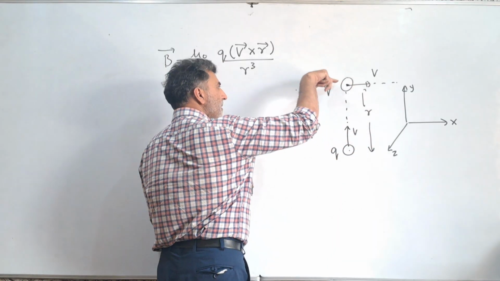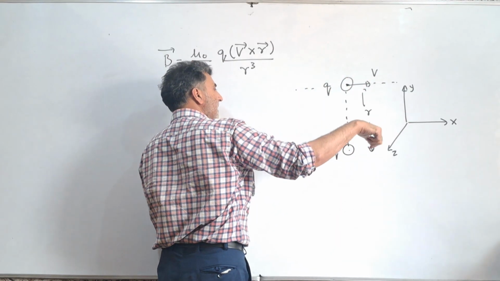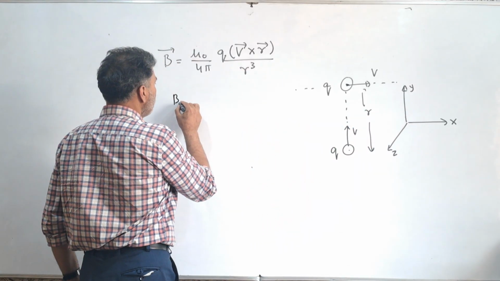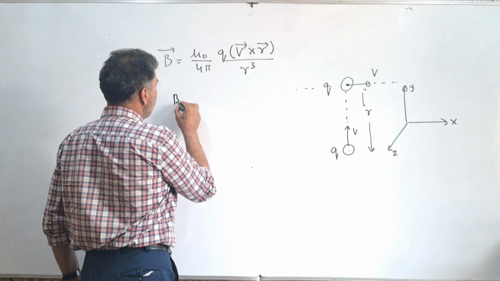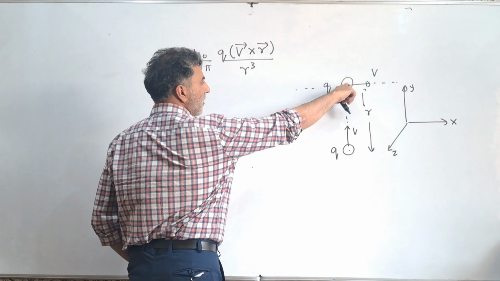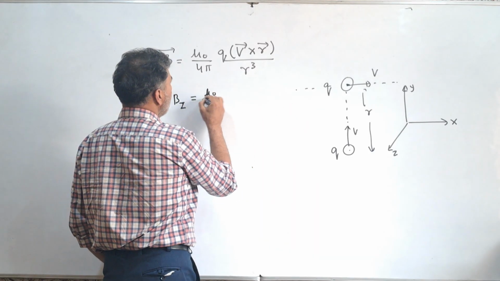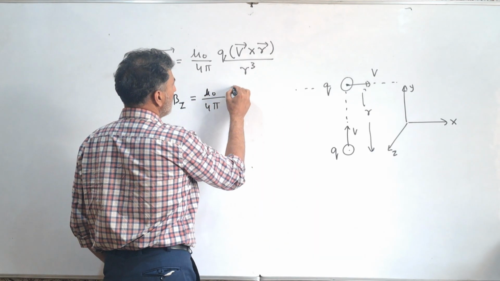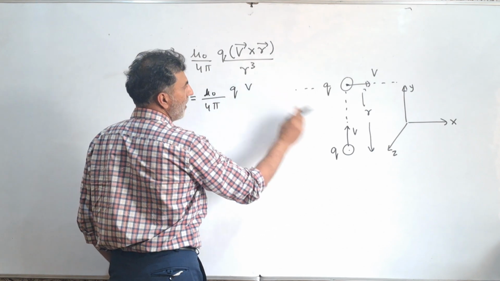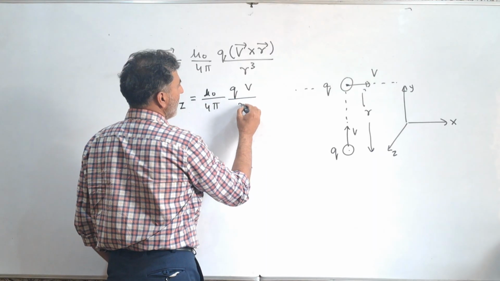So the magnetic field created by this moving charge, which is moving in the x direction, will be in the minus z direction, inwards into the board. That is, Bz will be equal to the magnetic field by this charge at the site of this charge. That is mu 0 by 4 pi q v r, because v and r are 90 degrees to each other, v r by r cube.